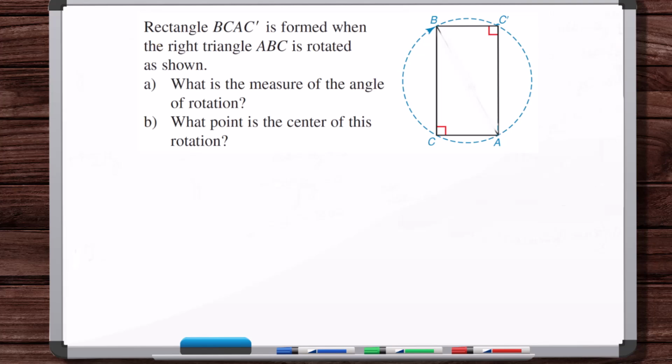So the angle of rotation in that case was 180 degrees. And the center point of rotation was, you could see, right at the center of this circle, or at the center of the hypotenuse. You can see where that center is?